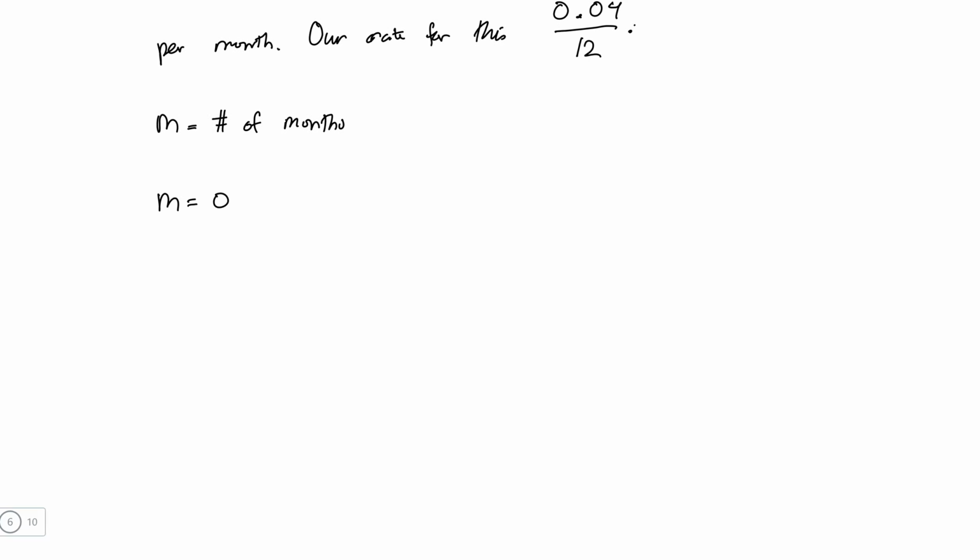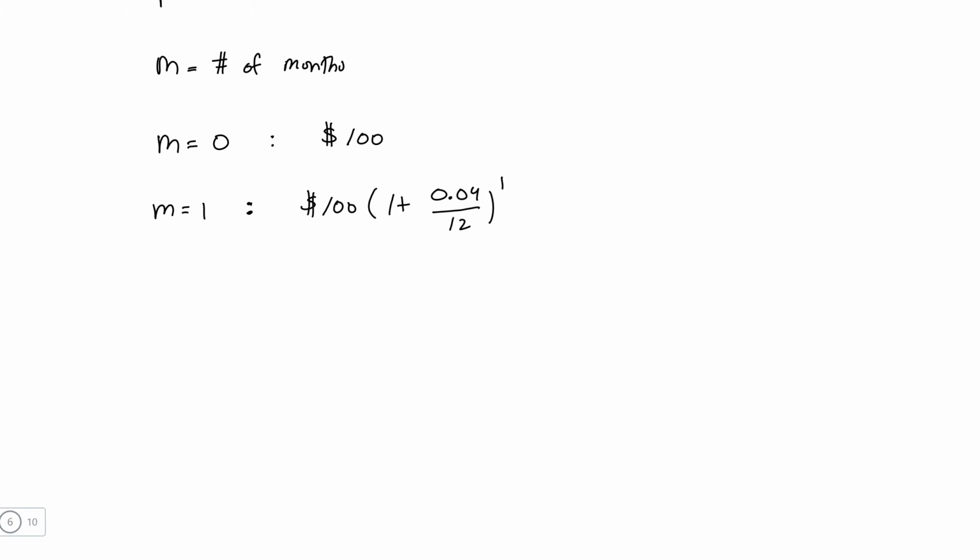So if we have 0 months, again, we have the $100. Now after 1 month, we're going to compound this $100. So I'm going to have that $100, but I'm also going to have the interest I get from this. And since now our rate is 0.04 over 12, that's our interest rate. Notice I can think of this as to the first power.